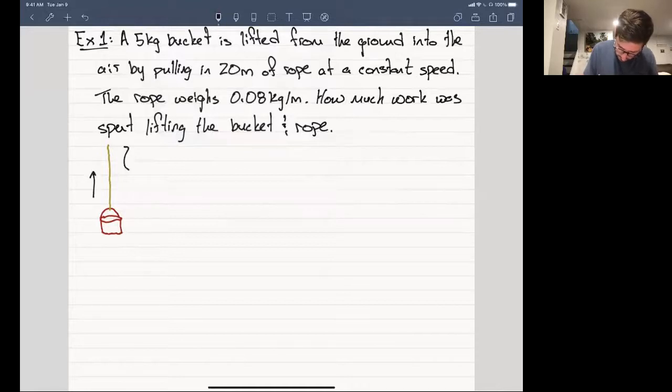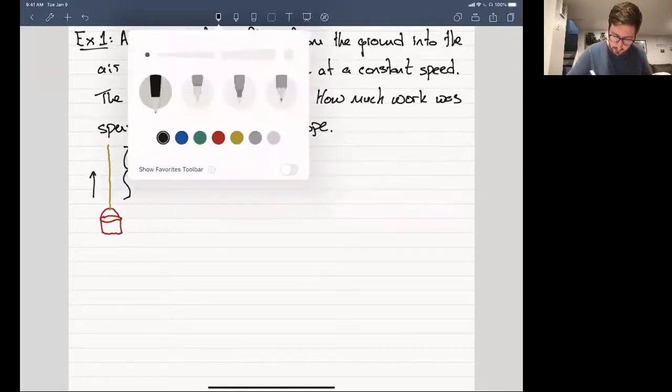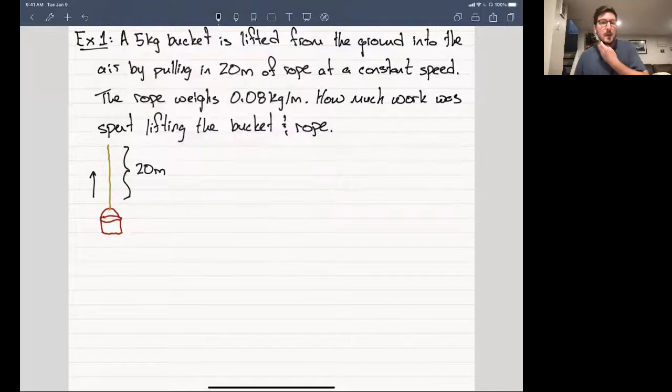This distance that it's moving up is 20 meters. And then we know that the bucket is 5 kilograms. We also know that the rope weighs 0.08 kilograms per meter of rope. So we're asked to find how much work is being spent lifting the bucket and the rope.